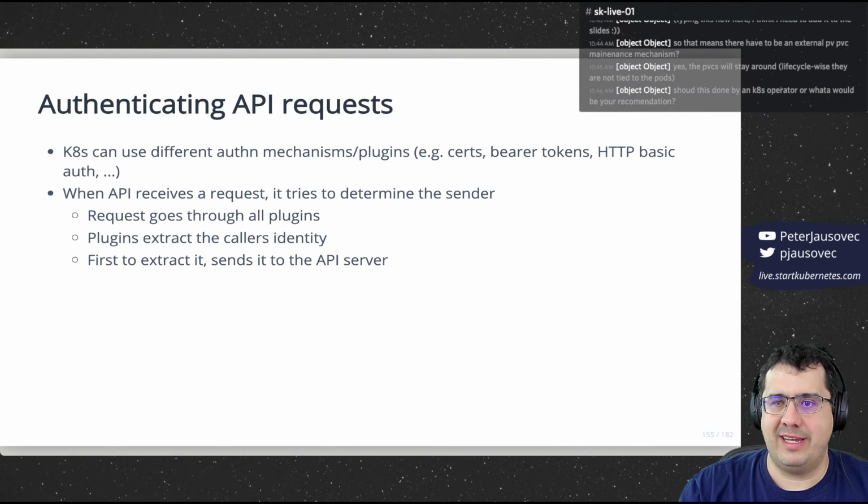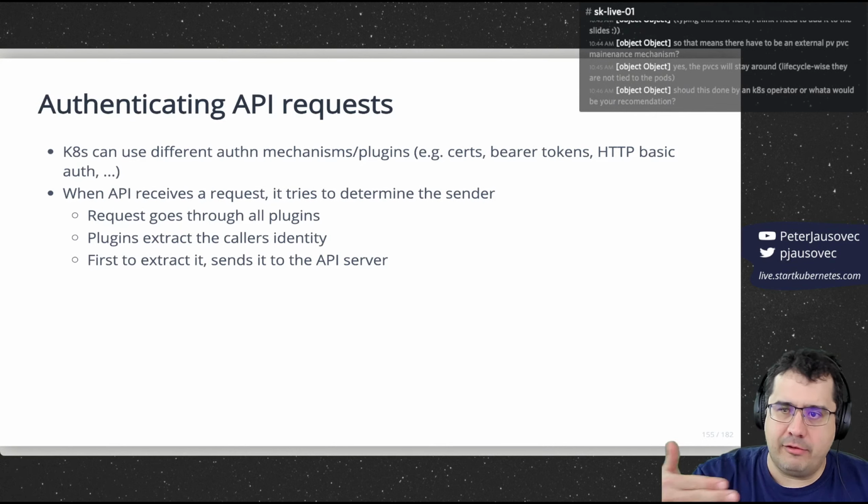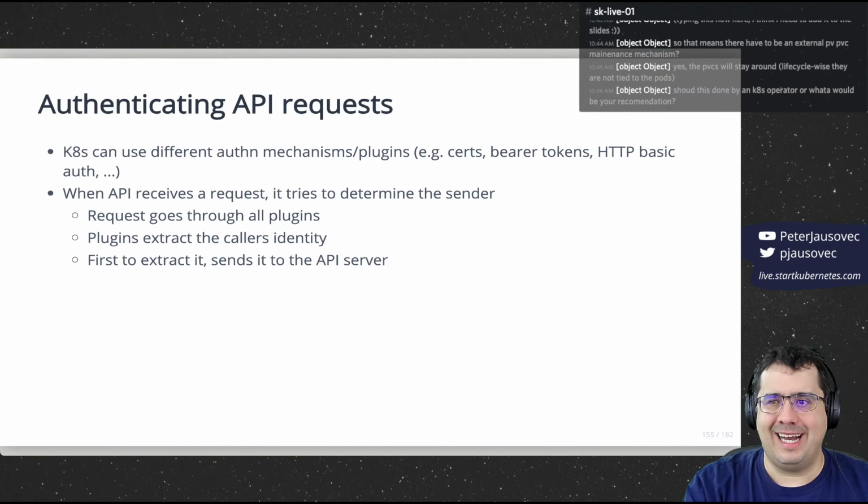and then these plugins will try to determine who is sending these requests. They'll try to authenticate the sender, right? So the plugins will, one after another, try to extract the identity of the caller from the request.